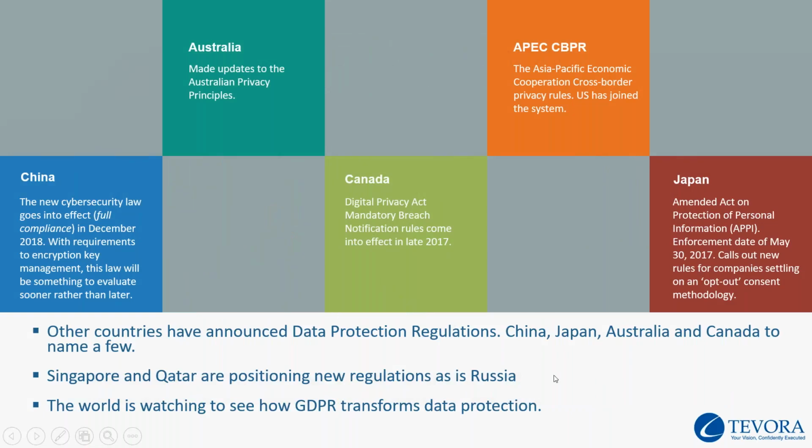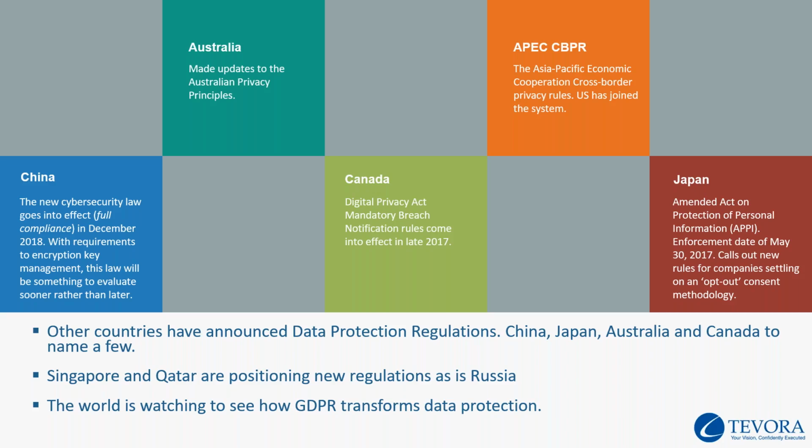And then we also wanted to call out again, remember that there's a new cybersecurity law in China. That enforcement date is December of 2018. Australia has made updates. Canada continues to make updates to theirs. The Asia Pacific Economic Cooperation has certain regulations around privacy.